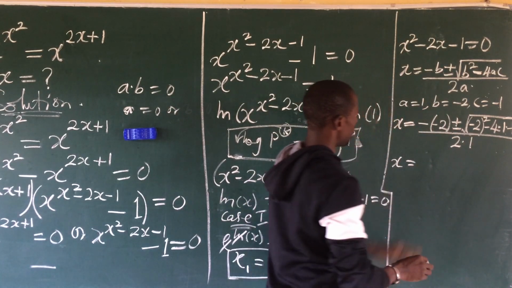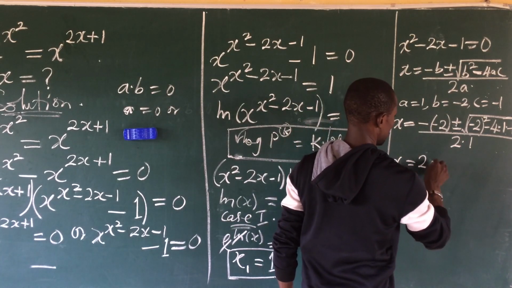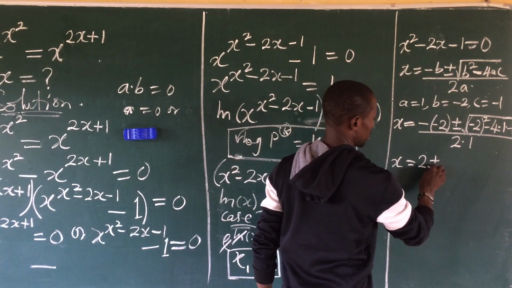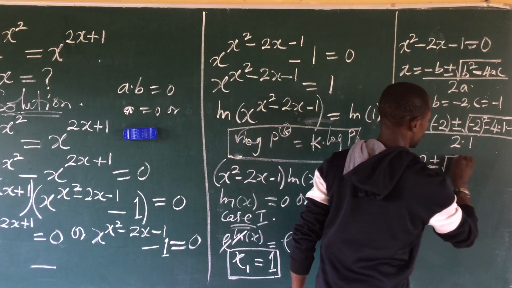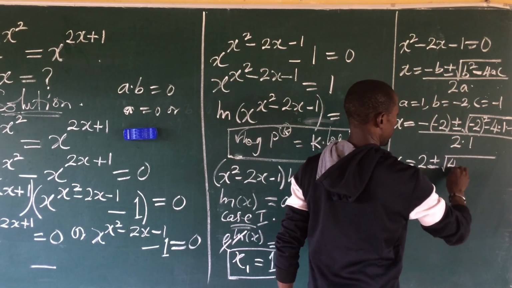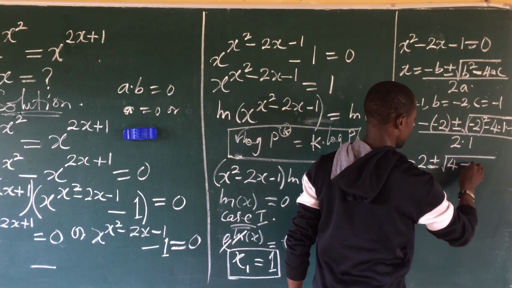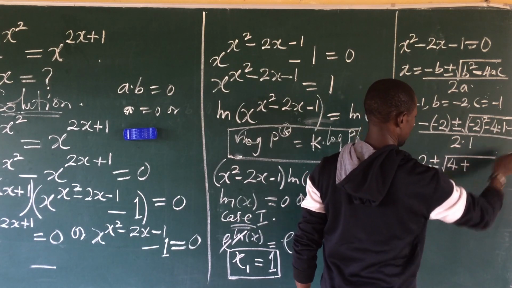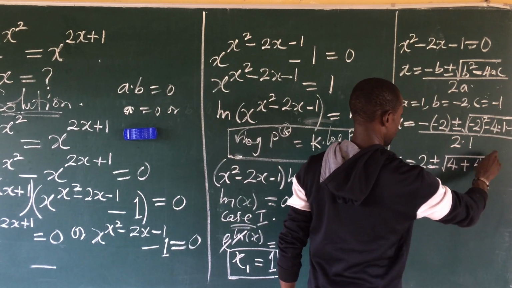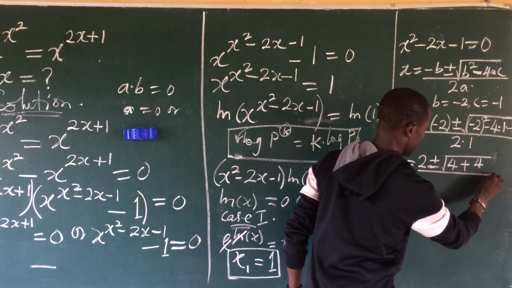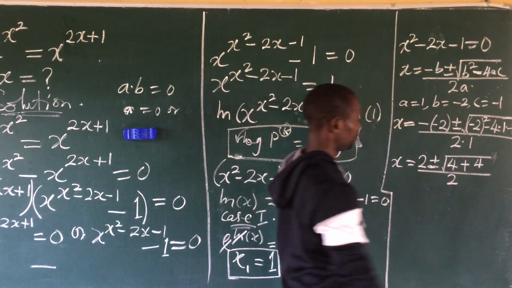So if we carry out our operation, we're going to have a positive 2 plus or minus the square root of 4, then minus times minus will give us plus, then 4 times 1 will give us 4, all over 2.